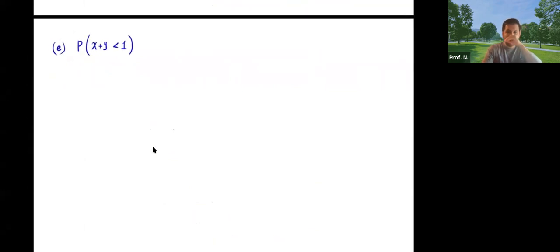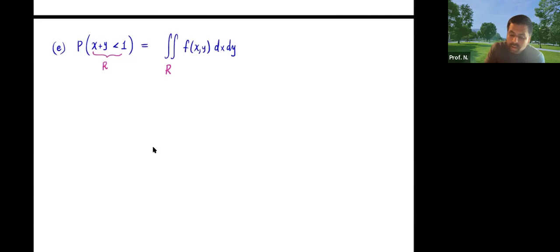Find the area under the curve less than 1. So remember, this statement here is like a region. It's like a region in the xy plane. So I want to find the integral over that region of the density function dx dy.